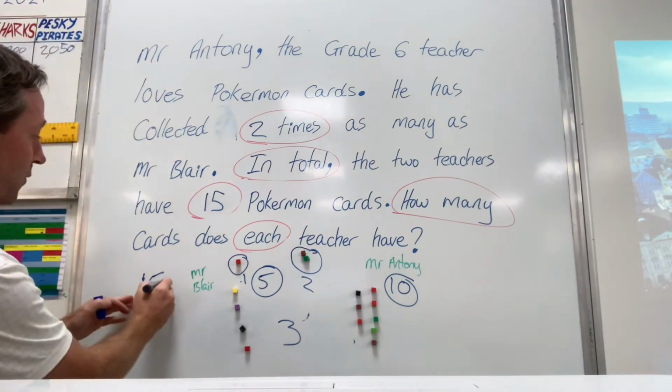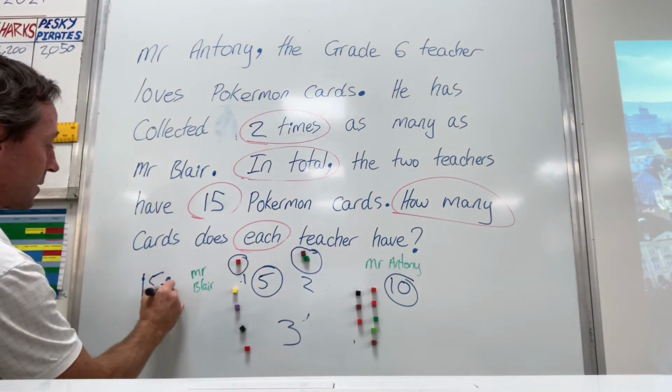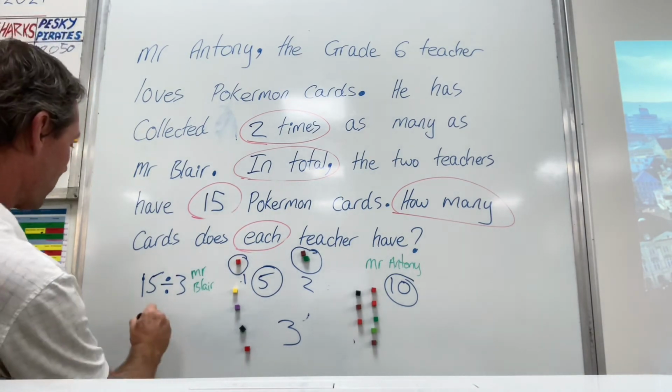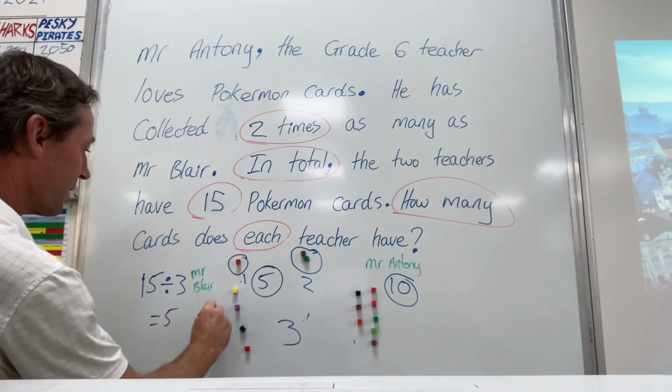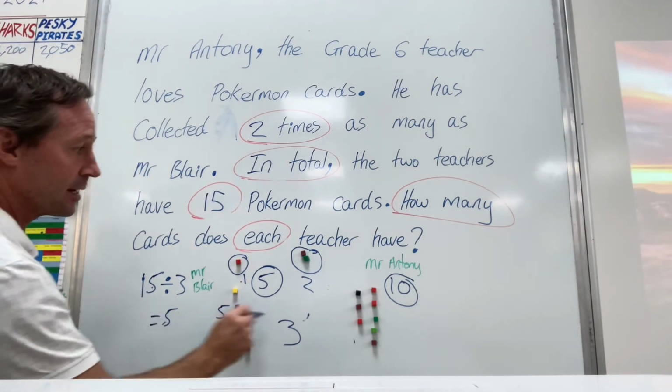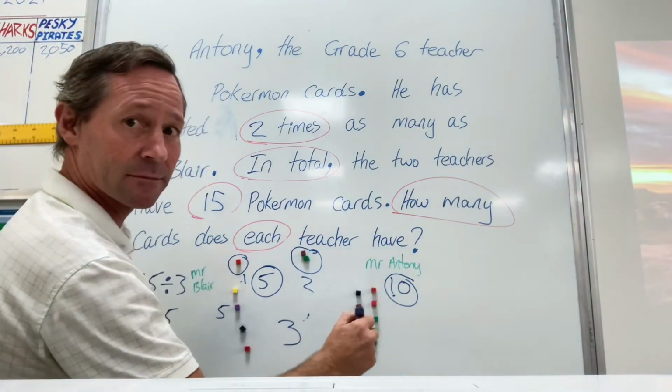Now I can do 15 divided by 3 gives me 5. So I get 5. 15 take away 5 leaves 10. He gets 10.